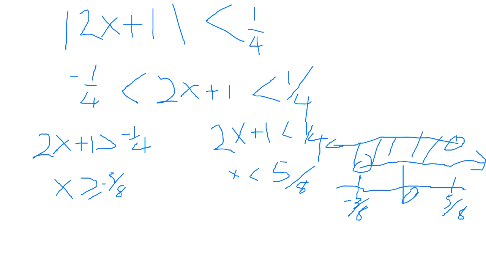So here x will be greater than minus 3 over 8 and less than 5 over 8. Then in interval form, you get minus 3 over 8 to 5 over 8. I'm so sorry.